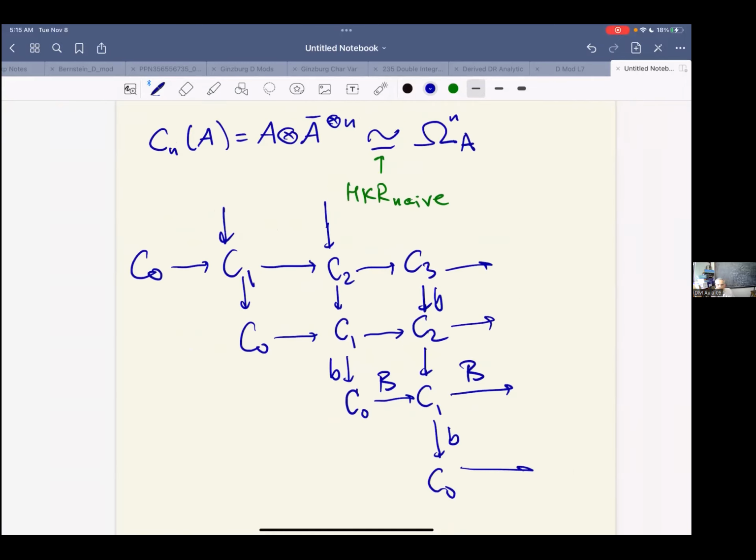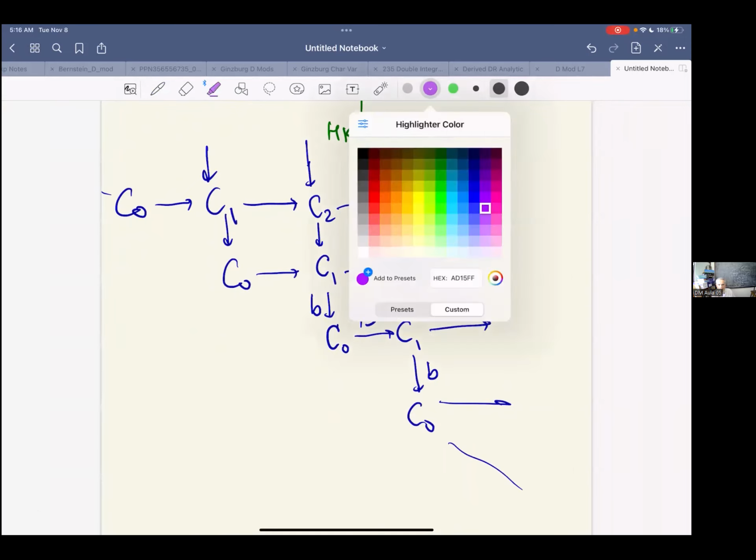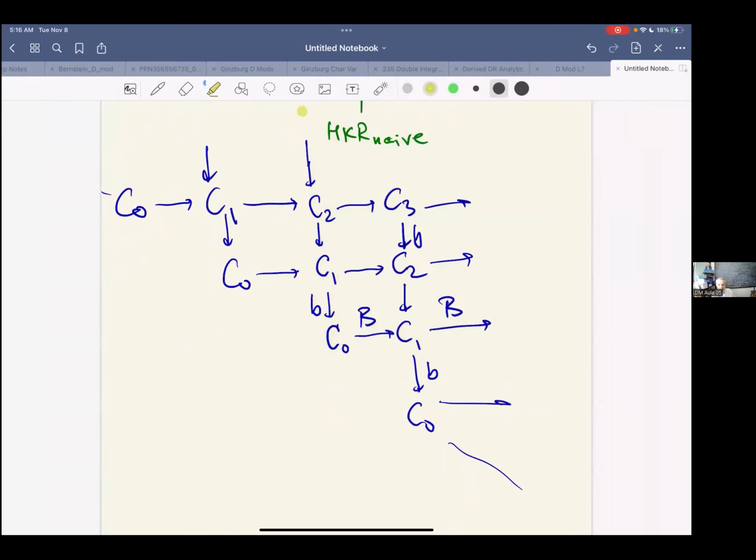Okay, and what you have here is a periodic cyclic complex. I can cut it several ways. I can cut it like this, and it will be the cyclic complex, which computes the cyclic homology.